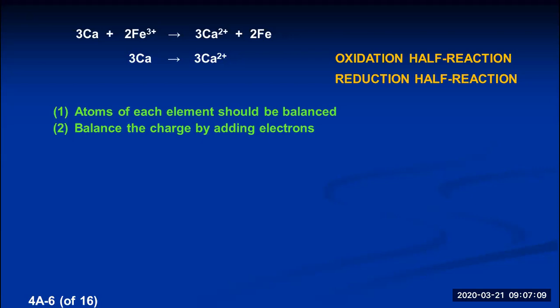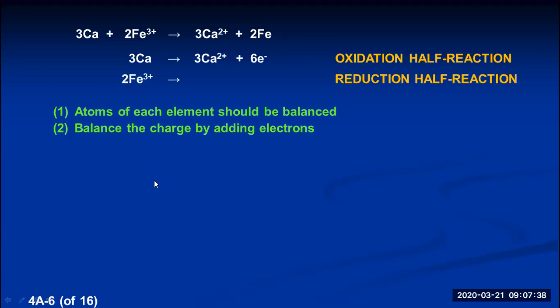That means electrons are either created or destroyed, and that's impossible. So the way you fix this is you balance the charge by adding electrons. And electrons are negative, so we're going to have to add 6 electrons to the product side so that when I add the 6 negative electron charges here with the 6 positive charges from the calciums, negative 6 and positive 6 is 0, and that exactly equals the charge on this side here.